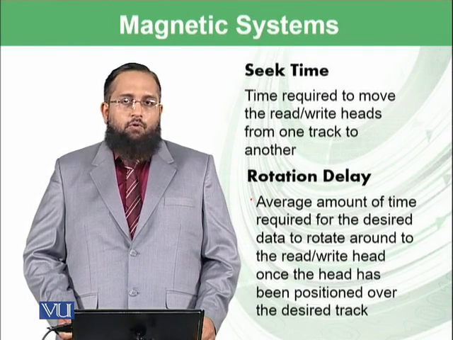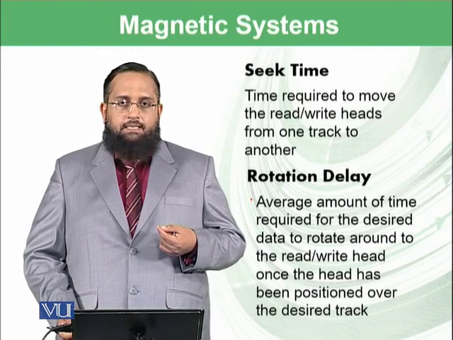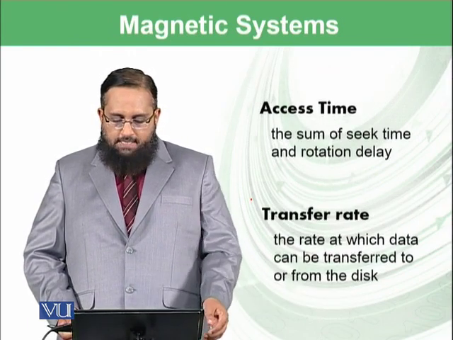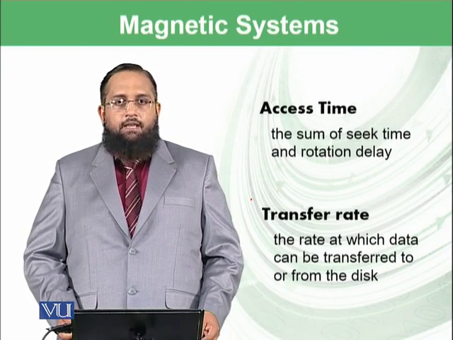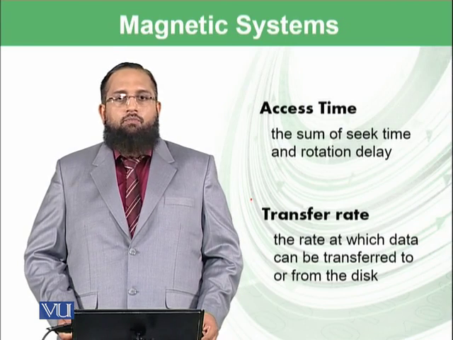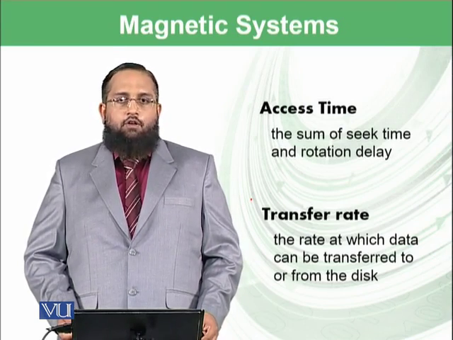That rotation delay, the rotation of your disk, that time is also noted. And when both of these times are added up, they form access time. The access time should be lower so that your disk could be considered good.